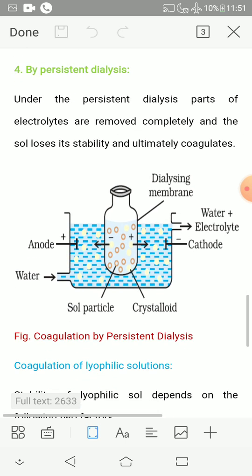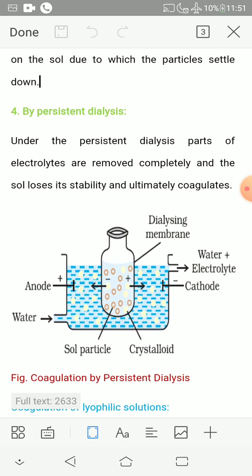And the last method is by persistent dialysis. You can see in the figure, coagulation by persistent dialysis. Under persistent dialysis, the electrolytes are removed completely from the colloidal solution, and the sol loses its stability and ultimately coagulates.